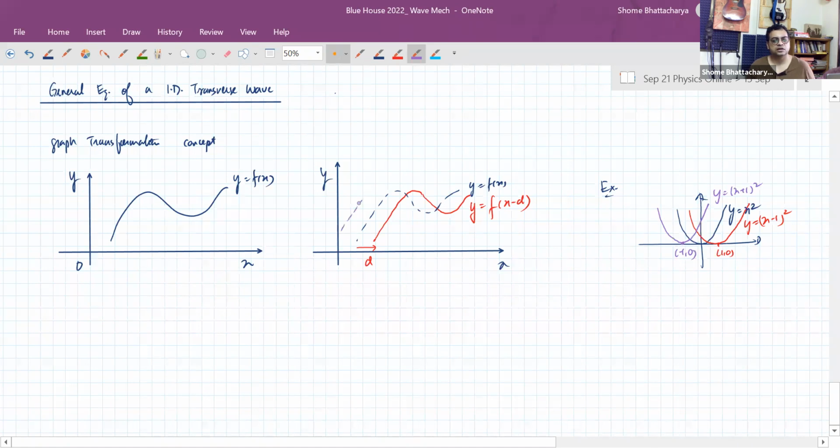If I want to shift the graph towards the left by d units, then I should make it x plus d. So this is shifting by d.